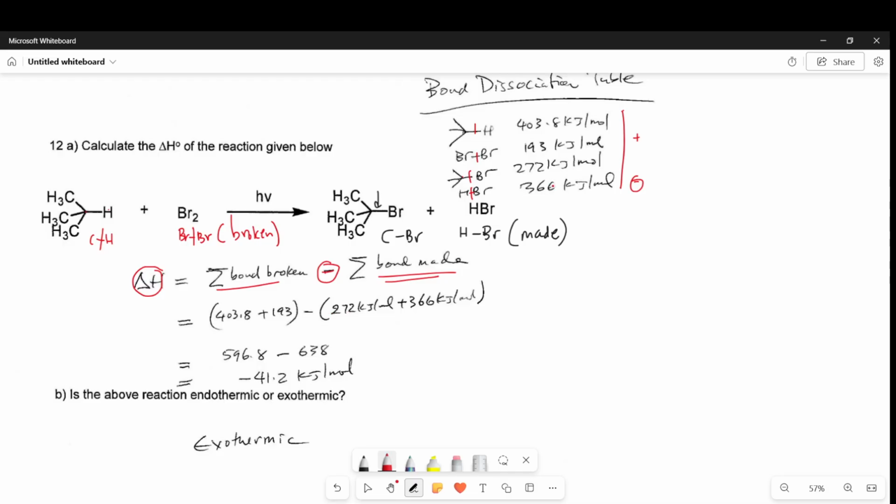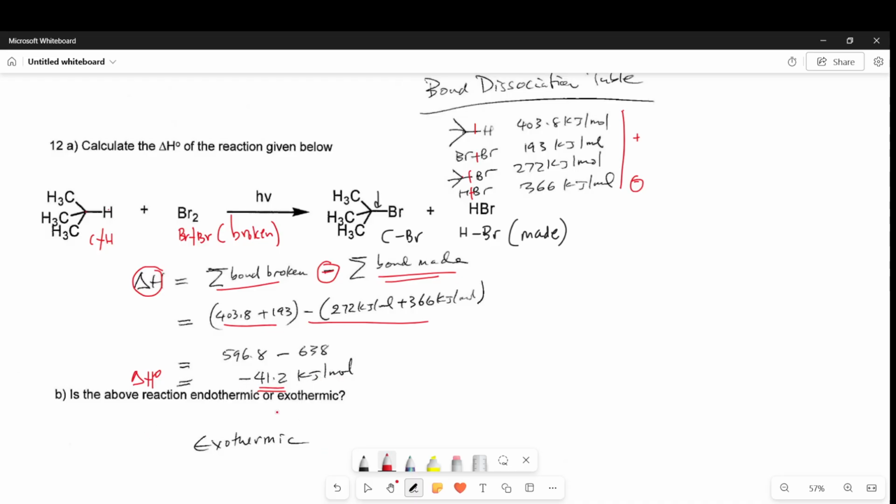And 366 is HBr made, minus 366. So in the general equation, bonds broken minus all of those bonds made gives you the net delta H. So if you see here, you get minus 41.2 kilojoules per mole.